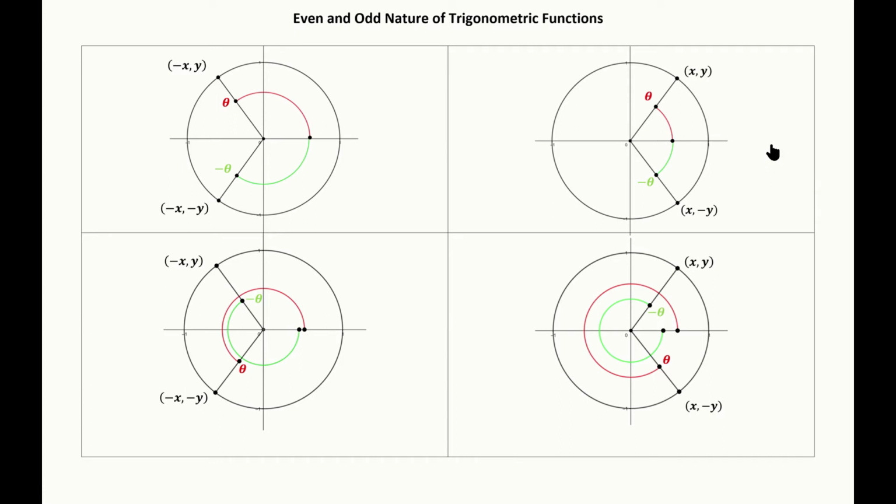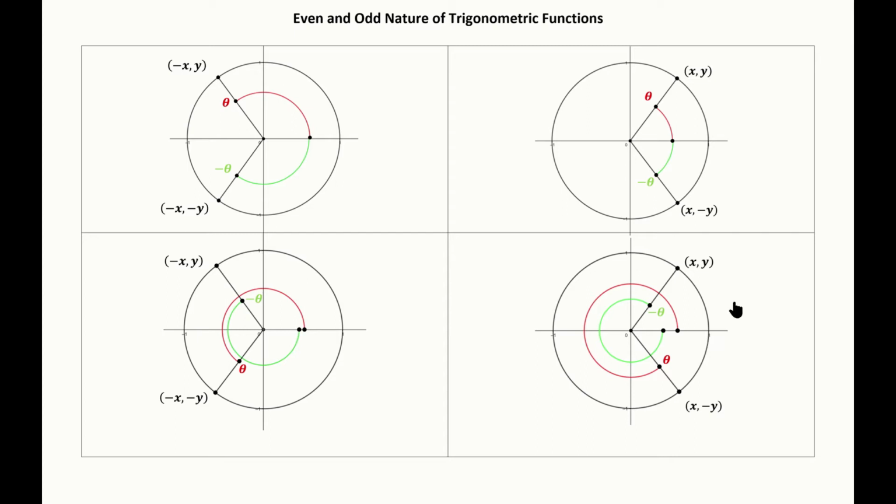Sine, however, does the exact opposite. Notice that, for example, for this first quadrant angle theta, when you look at the sine of negative theta, it's actually negative y, whereas the sine of theta is y. And the same goes for this second quadrant angle and its opposite, which is of course going to be a third quadrant angle. Notice the sine values are opposites, again here and finally here.